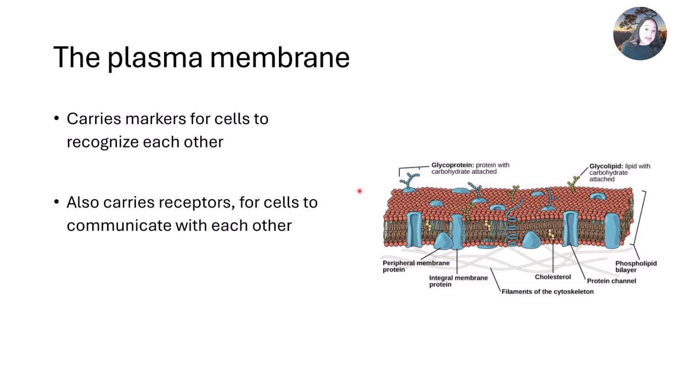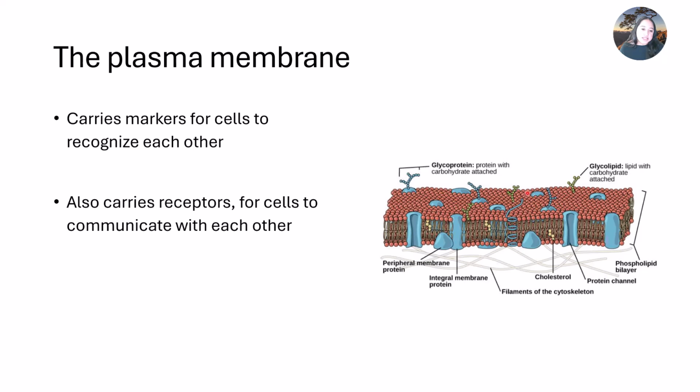That's because there are a lot of different kinds of proteins in the cell membrane. In some pictures we see something very simplified, and then there's always more detail. In biology, there's always more detail. In the plasma membrane, there are different proteins that let things in and out.